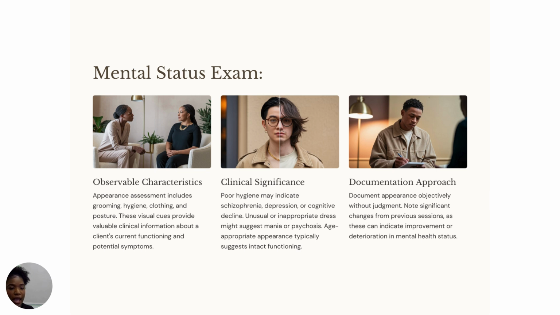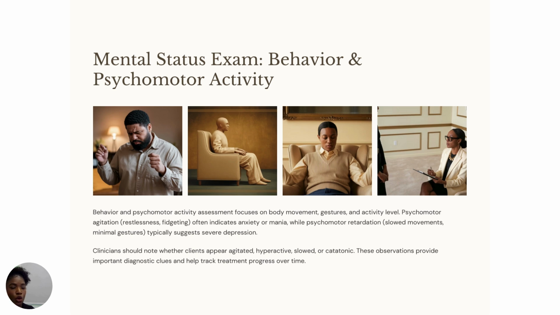If you see a deterioration in how they present themselves, that can be an indicator of their mental health status. So when you talk about behavior and psychomotor activity, as clinicians, we need to know whether our clients appear agitated, hyperactive, slowed, or catatonic.